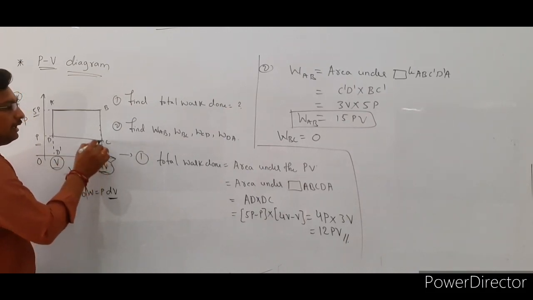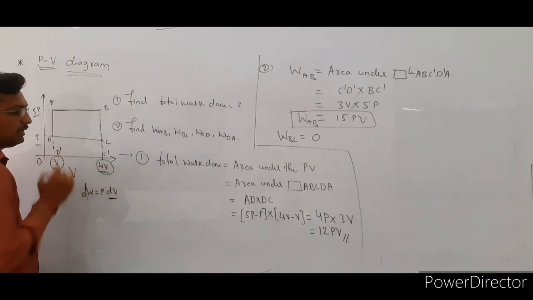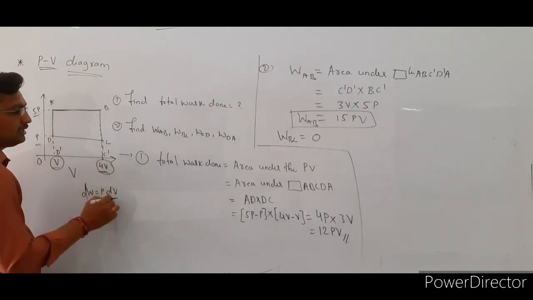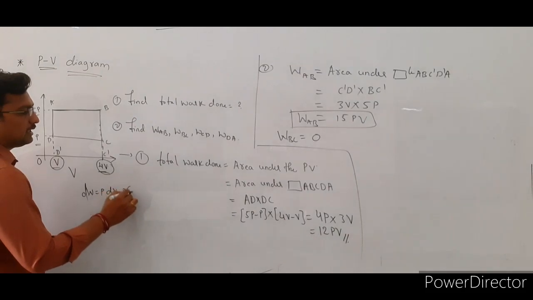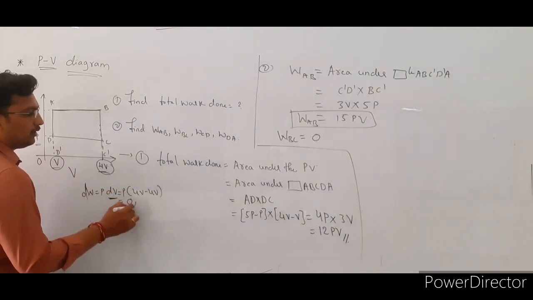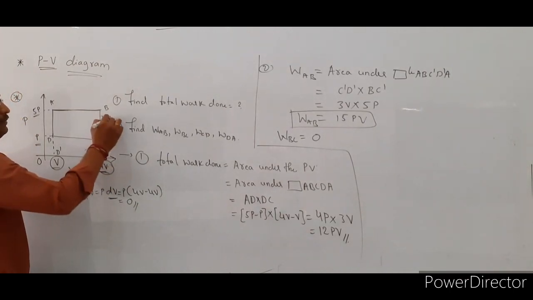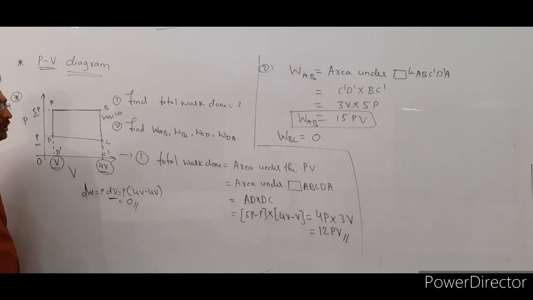The volume is 4V at C dash, and at B the volume is also 4V. So P into change in volume is 4V minus 4V, that is equal to 0. 0 into any term is 0. So the work done along BC is equal to 0.